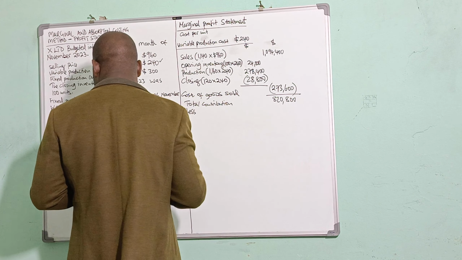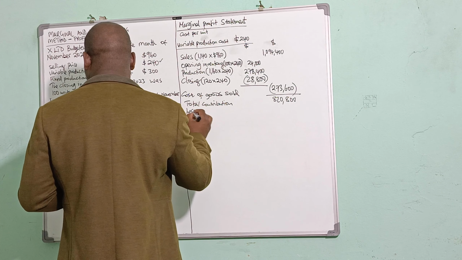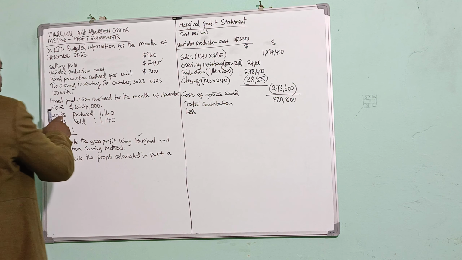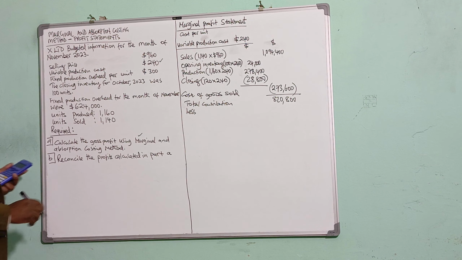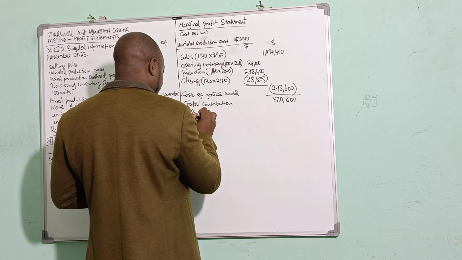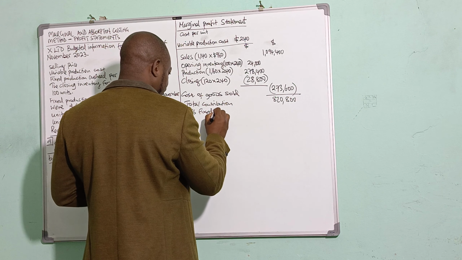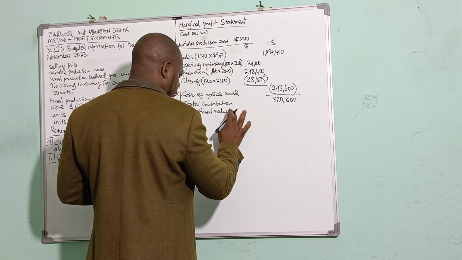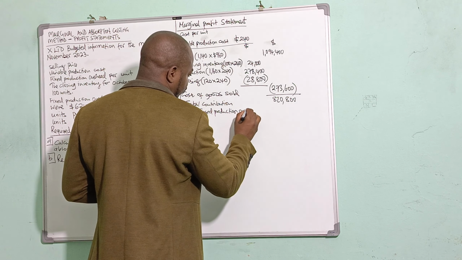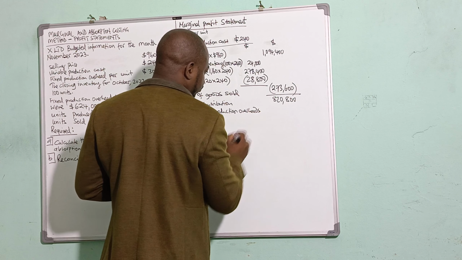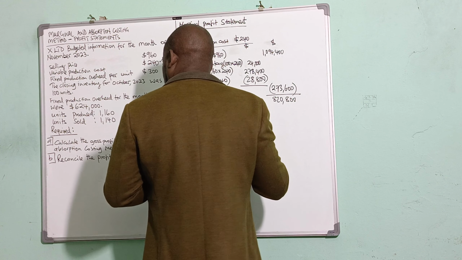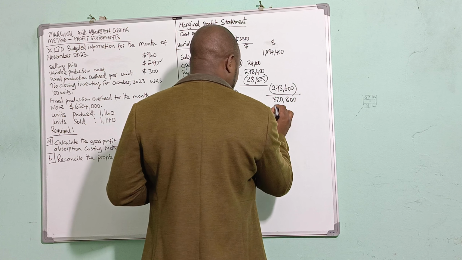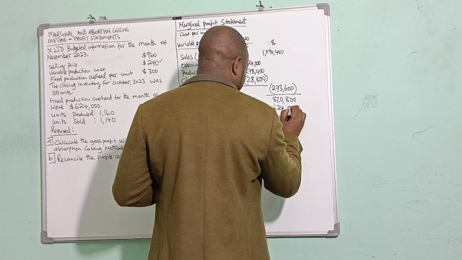less fixed production overheads. These ones. $624,000.